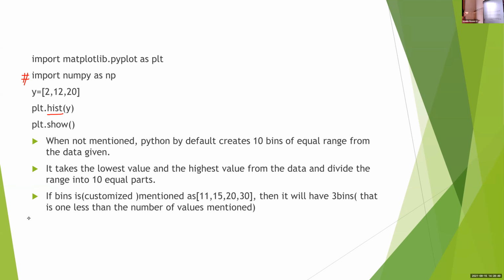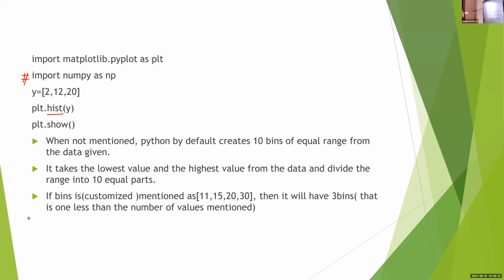Some important points related to histogram. In a histogram, if you are using only one value, that value is assigned for x. But in the previous case, it is not like that. If there is no x value, it will take x as a default value, and the given value is used as the y value. But here it is different.